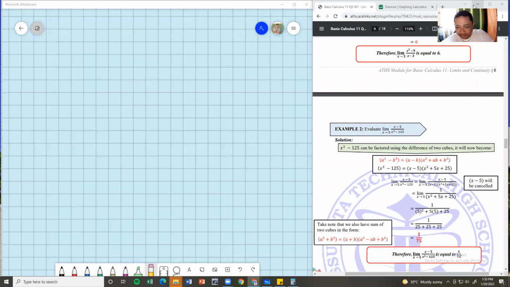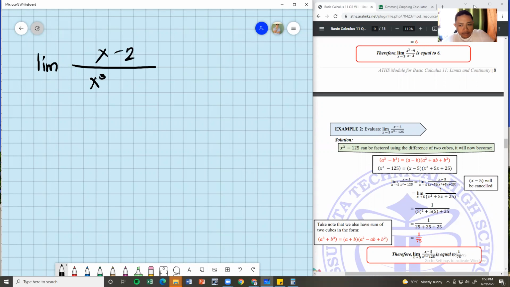So we have here: evaluate the limit of x minus 2 over x cubed minus 8 as x approaches 2.